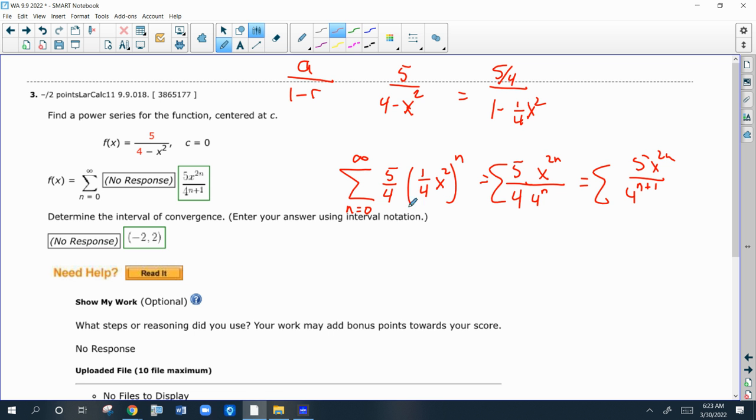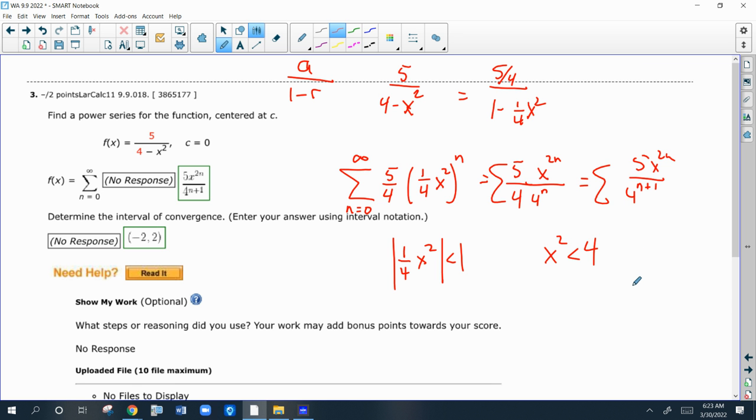But let's look at the interval of convergence. So the ratio, this, has to be less than 1, which means x squared has to be less than 4. So when is x squared less than 4? Well, you can figure that out. Negative 2 and 2 would be the limits of the ranges, and anything greater than 2 or less than negative 2 would make this greater than 4.